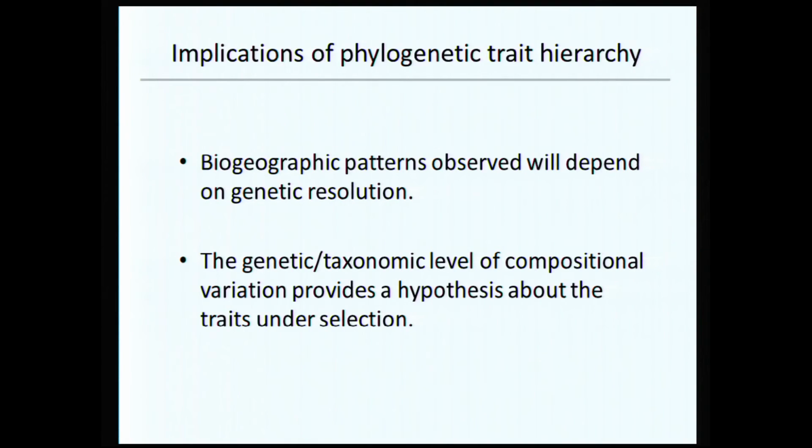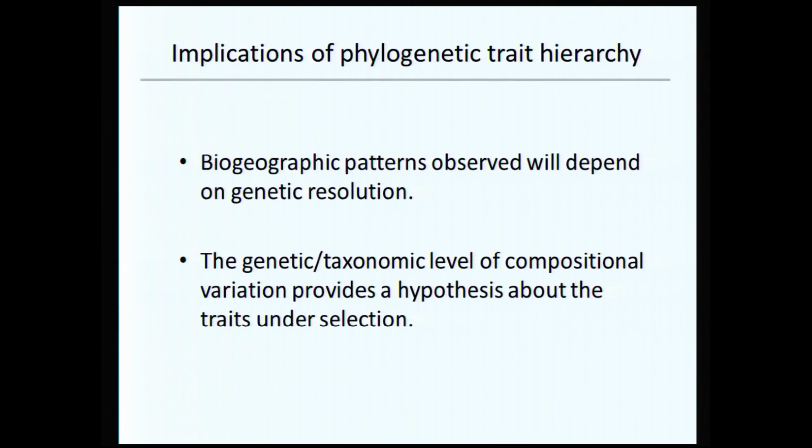So if a student hands me an NMDS plot and sees this variation, I'm always asking them, okay, what is the trait underlying those differences across your samples? Why do you think they're diverging? And why did you classify them at the 97% level or the phylum level or whatever classification they used?